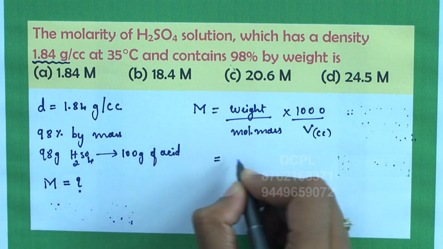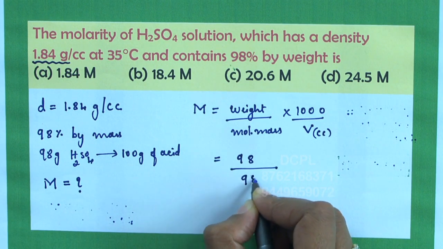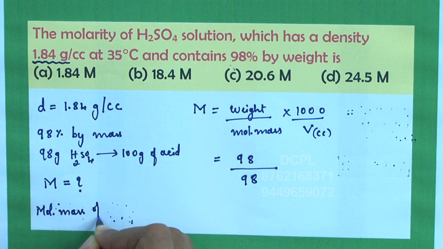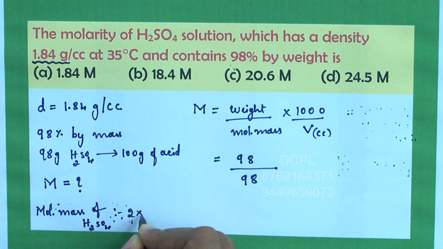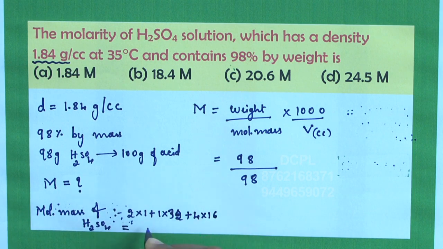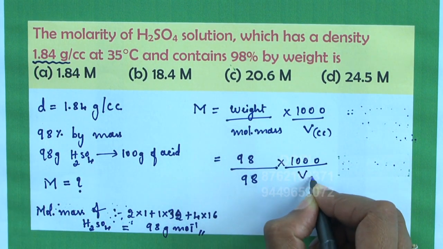And we have already got the weight, that is 98 gram, and the molecular mass of H2SO4 is also 98, and we already learnt how to find out the molecular mass of a given compound, and here it is H2SO4 and it is nothing but 2 into 1 plus 1 into 32 plus 4 into 16, which is equal to 98 gram per mole, into 1000 divided by volume.